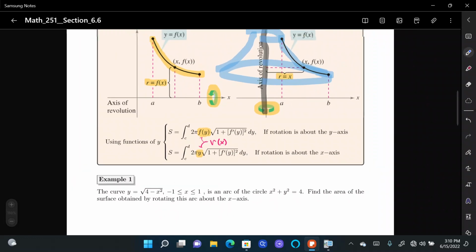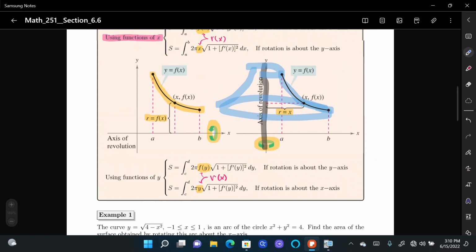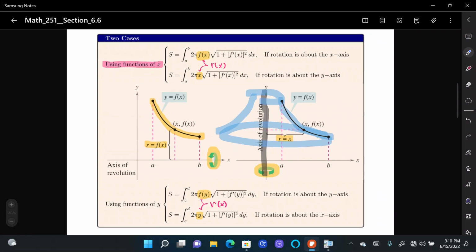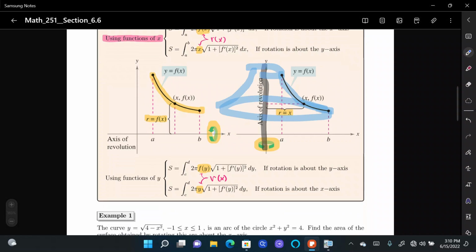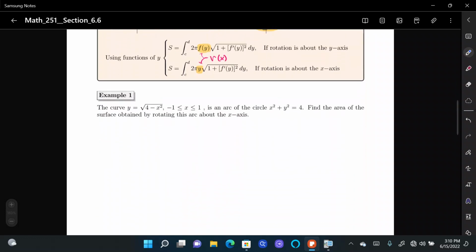Let me leave this for a second in case you're still catching up. I didn't have a picture for the functions of y, but for these notes I have one example of it, so you can see how we set each of them up and why. So let's look at the first example.